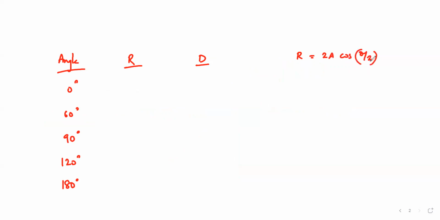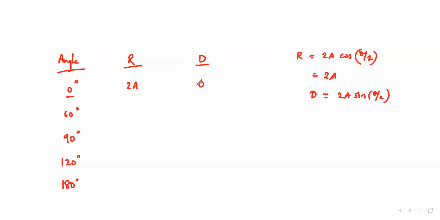If theta value is 0, cos value will become 1. So at 0 degrees, resultant will be equal to 2A. Similarly, for difference, it is 2A sin theta by 2. If theta value is 0, sin 0 is 0, so this entire thing will become 0.